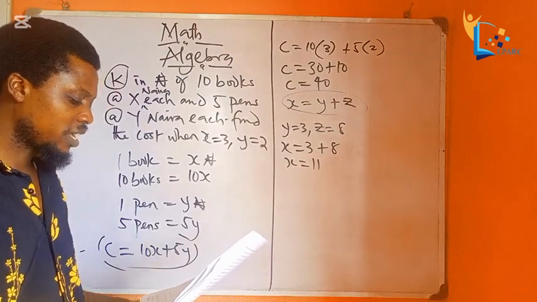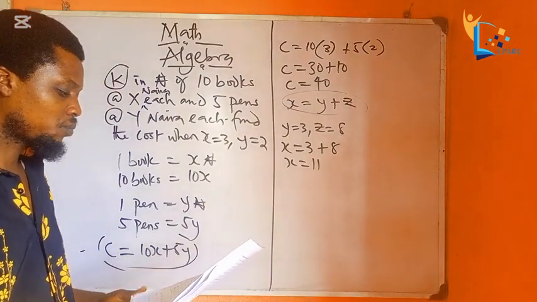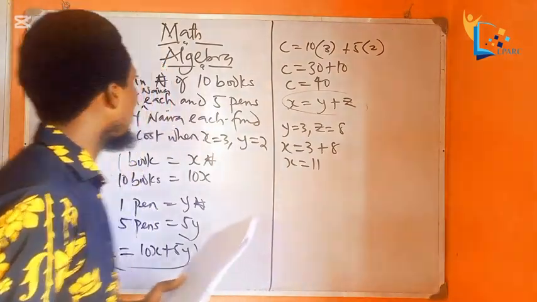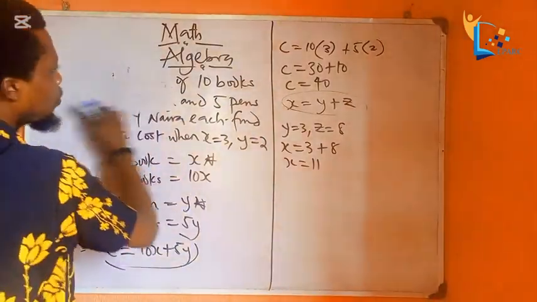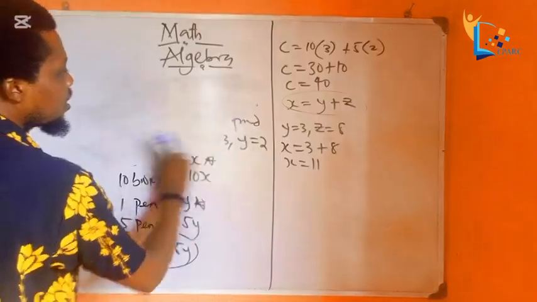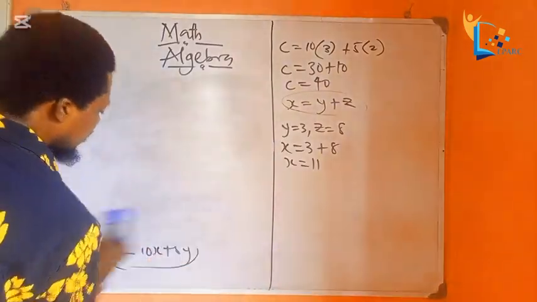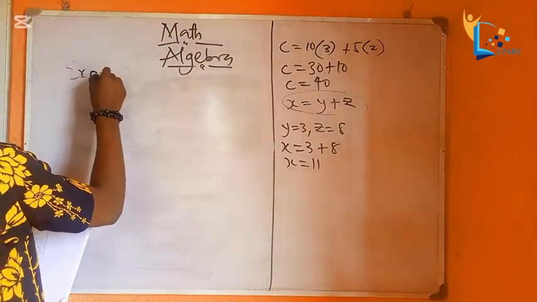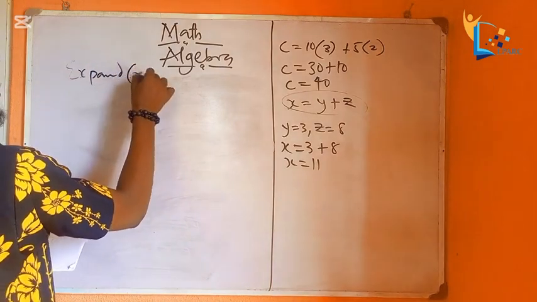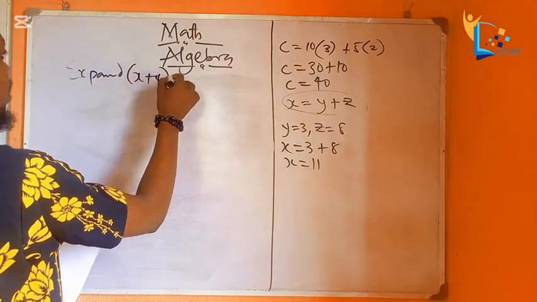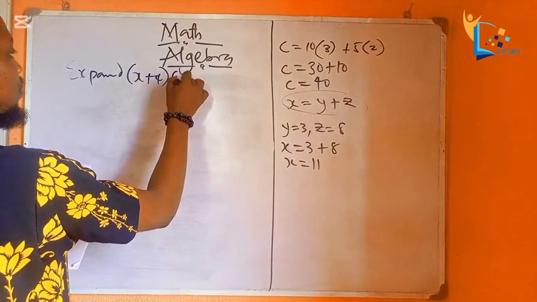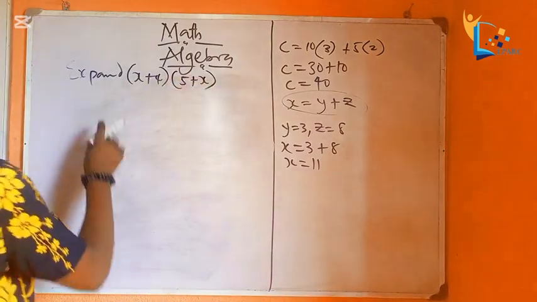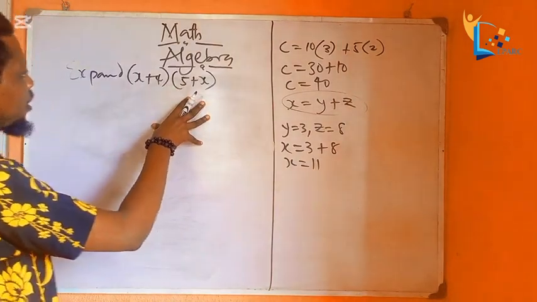Now let's move forward. When we talk about simple algebraic expressions or operations, let's say, for instance, we're asked to expand x plus 4, open bracket, 5 plus x, close bracket.